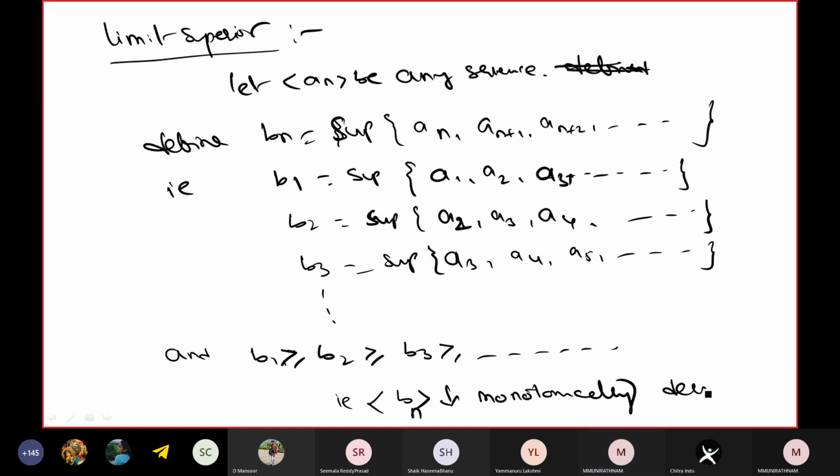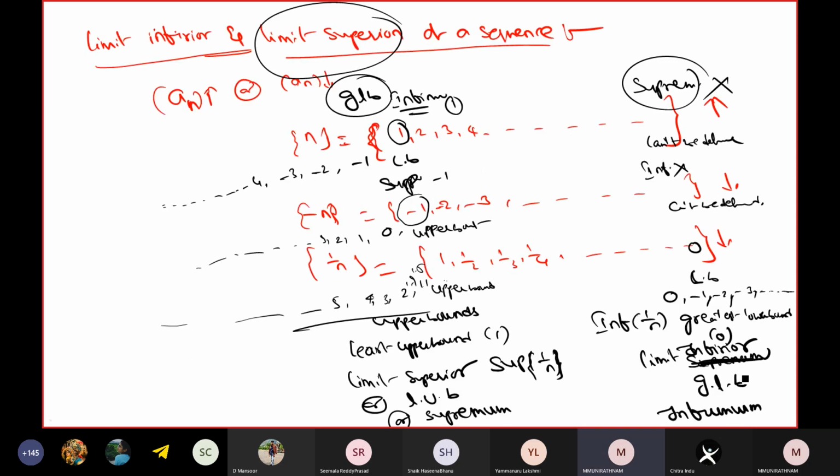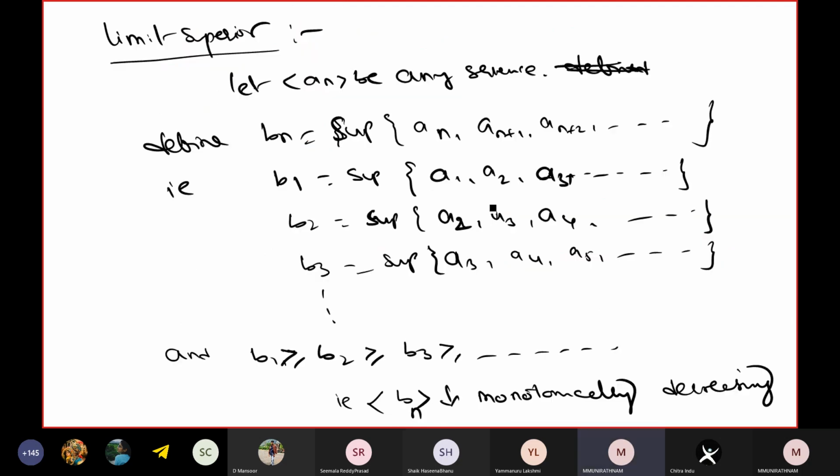As you know, for every monotonically decreasing sequence the supremum always exists. That's what we are taking here.